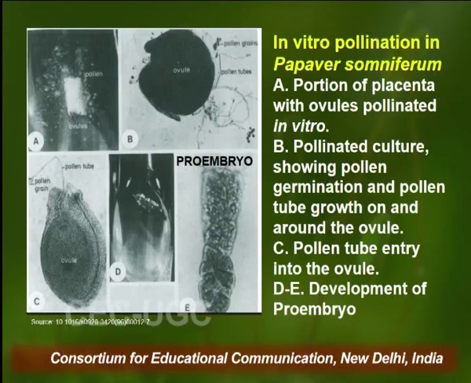In the third one, you can see that the pollen tube is entering into the ovule. The last two, that is D and E, are the different stages in the development of the pro-embryo. So, you can see a well defined pro-embryo in E.